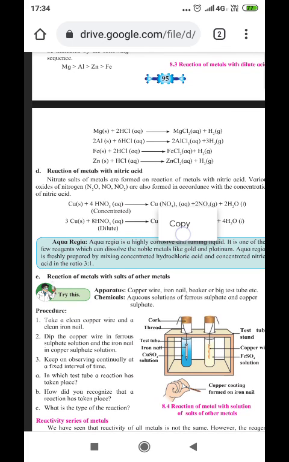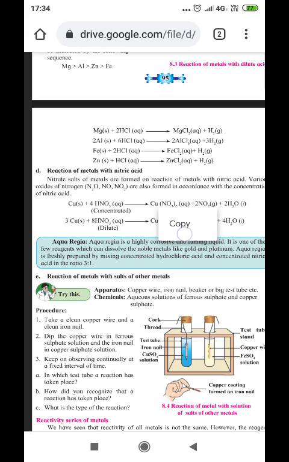Magnesium reacts with hydrochloric acid to form magnesium chloride, which is a salt, and hydrogen gas is given out. Aluminium reacts with hydrochloric acid to form aluminium chloride, a salt, and hydrogen gas is given out. Iron reacts with hydrochloric acid to form ferric chloride, again a salt, and hydrogen gas is given out. Zinc reacts with hydrochloric acid to form zinc chloride, a salt, and hydrogen gas is given out.